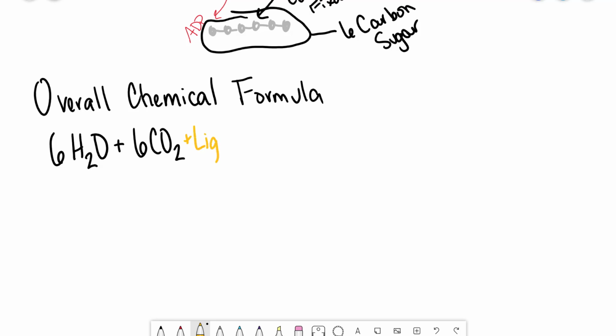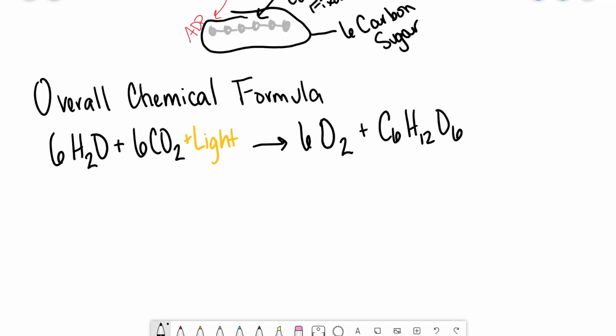Some people put the light in the formula. Some people don't put the light in the formula. And that is going to give us 6 oxygen, and sugar, C6H12O6.